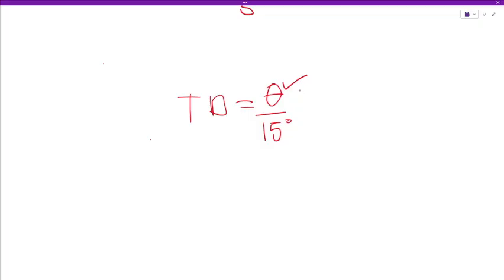Remember I said when you're calculating time, your focus is only on longitudes, so this theta will always come from the difference in longitudes between the 2 points whose time difference you're trying to calculate.